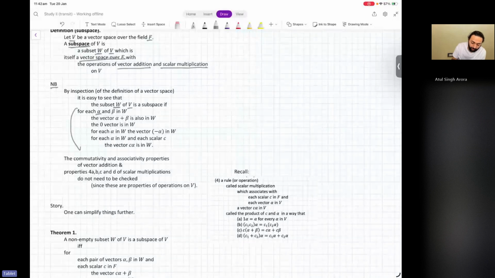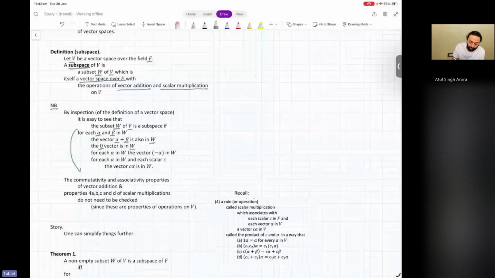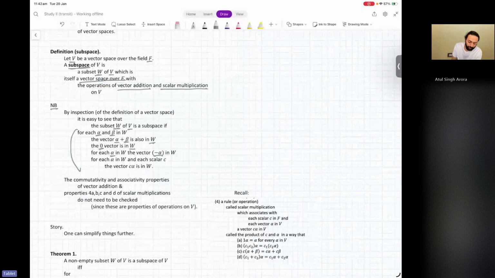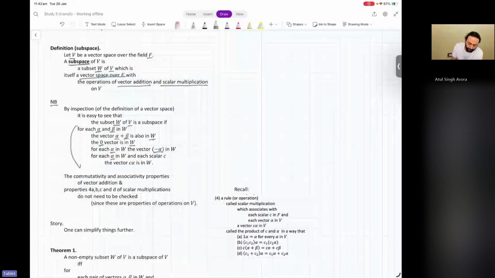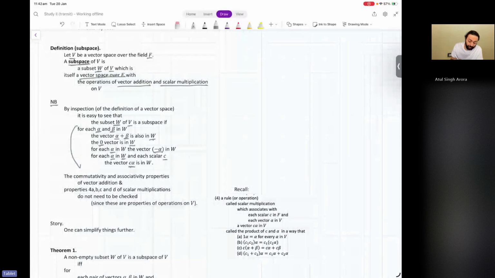For both vectors alpha and beta in W, it has to be the case that the sum is also in W. It has to be the case that the zero vector is in W. It has to be the case that for each alpha in W, the vector minus alpha is also in W. And for each alpha in W and for each scalar C, the vector C times alpha also has to be in W. So these are basically a subset of the conditions of being a vector space.